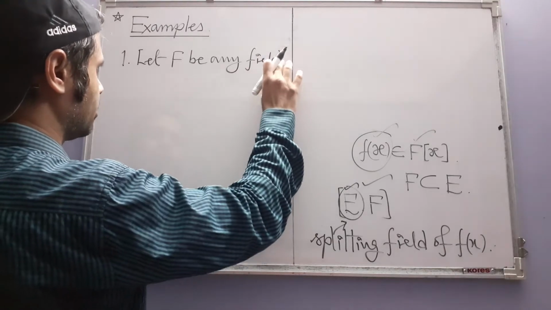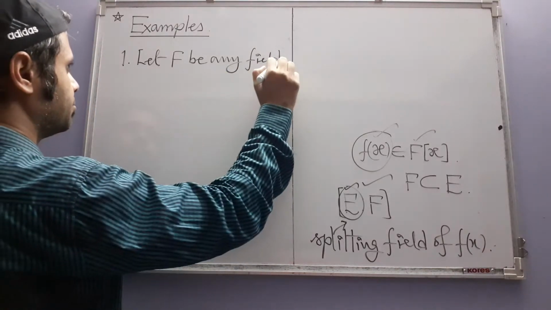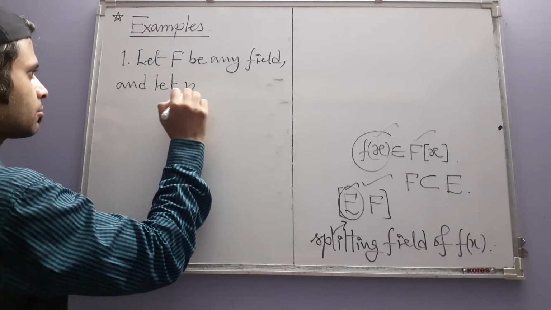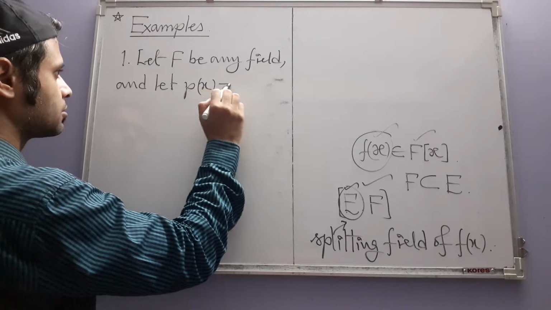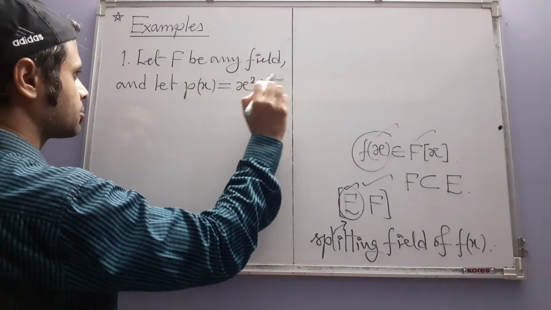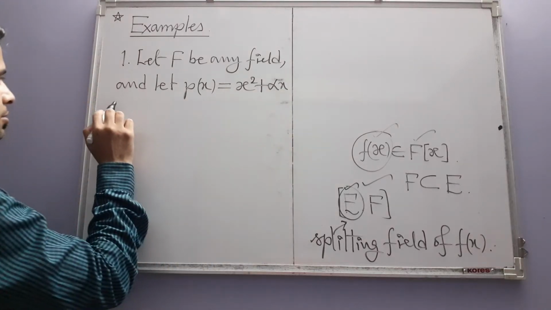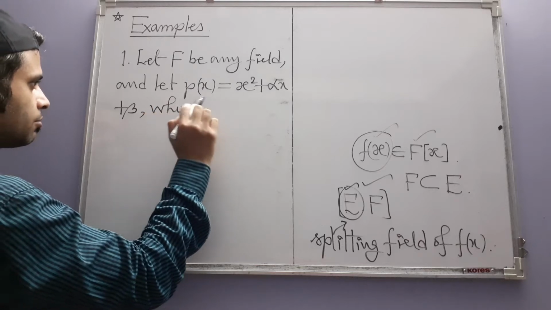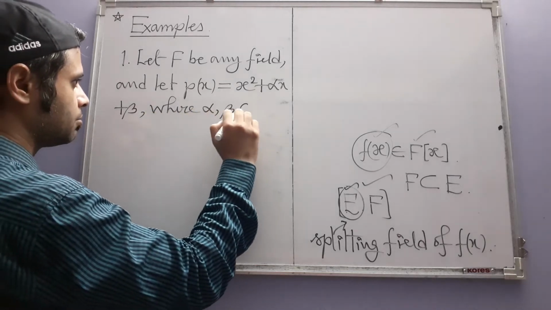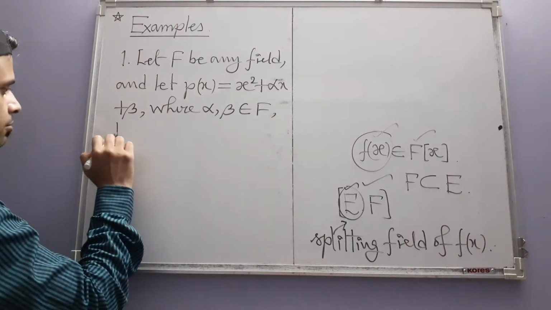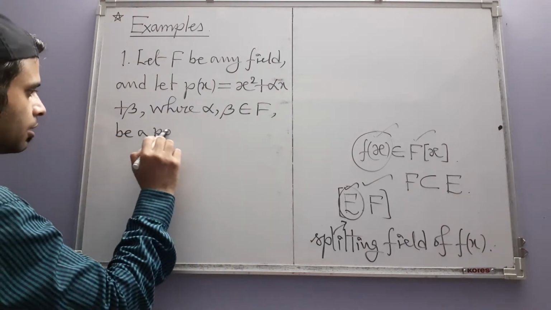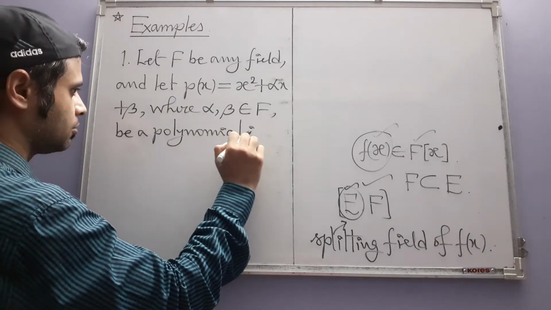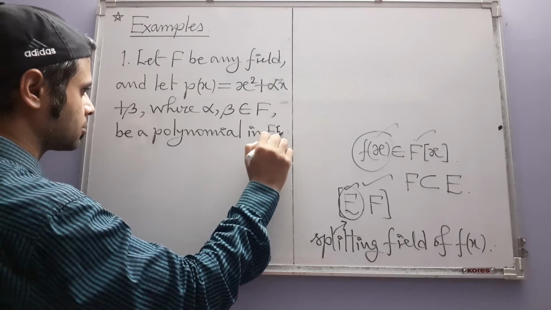There is no restriction on F, it's actually any field, and let p(x) = x squared plus alpha x plus beta, where alpha and beta belong to F, be a polynomial in F[x].